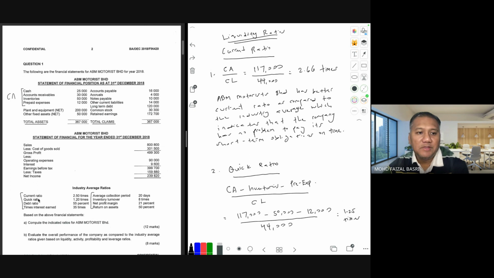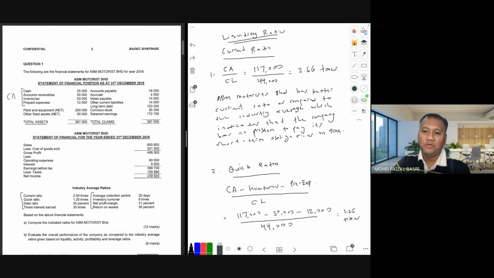And quick ratio number 2 kat bawah ni. Okay, the industry average is 1.20. But for this ABM Mortuaries, the ratio is 1.25. Again, the ABM Mortuaries is higher. Okay, so what you boleh explain again lah. ABM Mortuaries has better quick ratio as compared to the industry average, which indicates that the company has better ability, contohnya you tukar ayat dia, better ability in paying its short-term obligations on time.